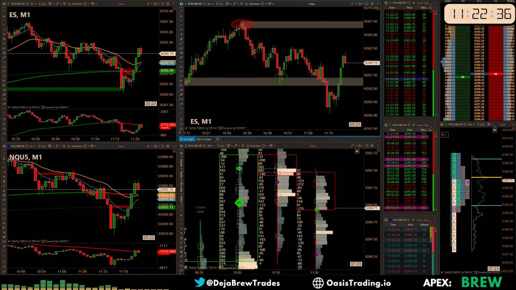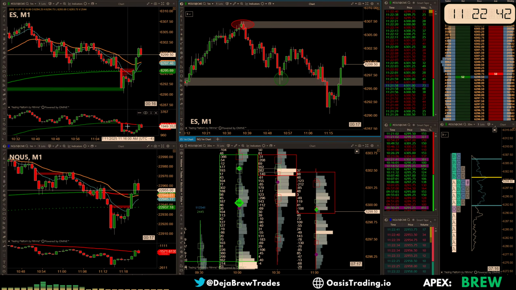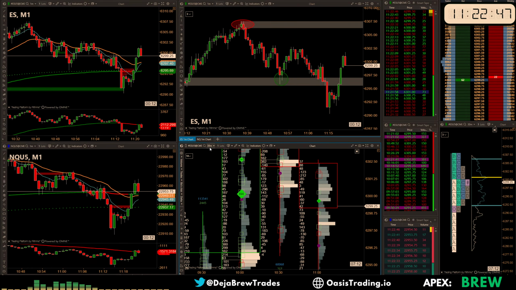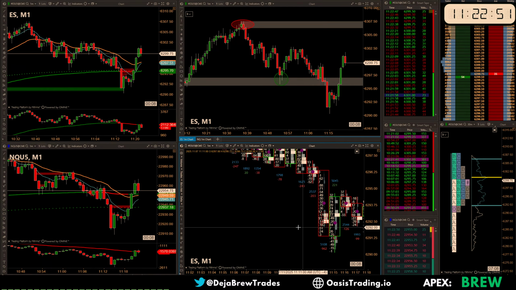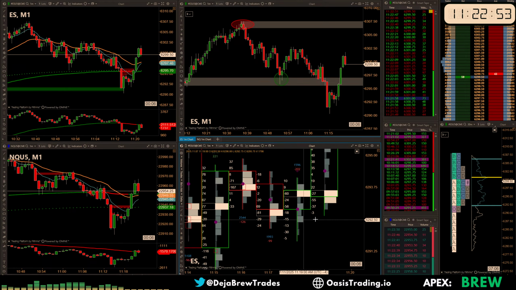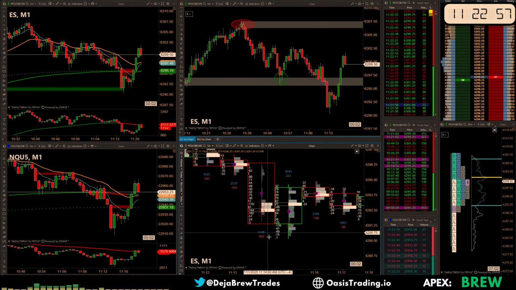And you could tell a lot of people were stopped out there because look at the delta. When you started hitting that invalidation level that I talked about, look at the delta spike. And if I go down to a lower time frame here, it probably confirms it. Yeah, look at the delta here. Just on a 1-minute candle, it spiked to negative 1,000.